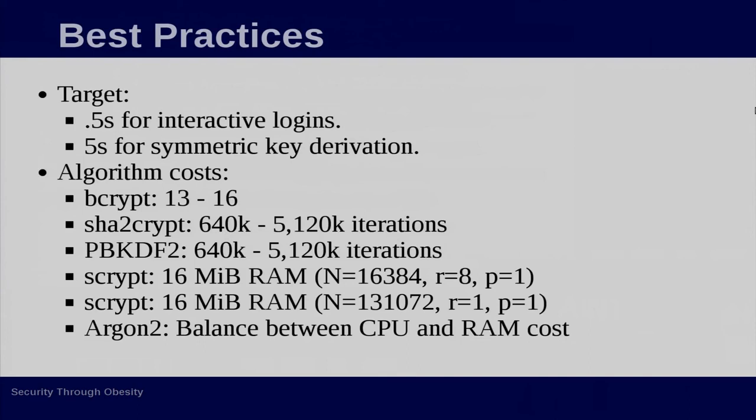Notice with scrypt, I can have a couple of parameters. I can either make it CPU intensive with r equals 1, p equals 1, or back off on the CPU and increase to r equals 8 and p equals 1. Regardless, both target 16 megs. And then with Argon 2, you just need to balance it. It can be all over the place, but make sure you're targeting both enough CPU and enough memory.